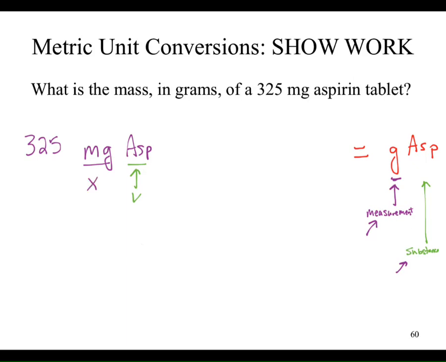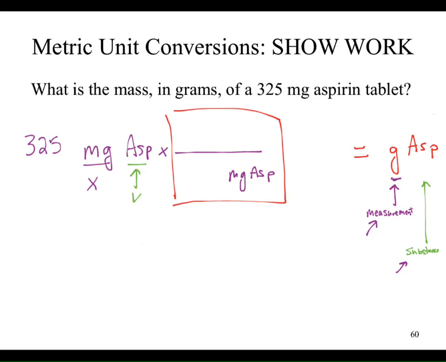So what I need to do is introduce a conversion. Okay, so I'm going to multiply by something that allows me to do this conversion. Okay, in that, I know that milligrams does not appear on the right-hand side of the equation. So I want milligrams of aspirin to show up in the denominator of this magical box to help balance these things out.